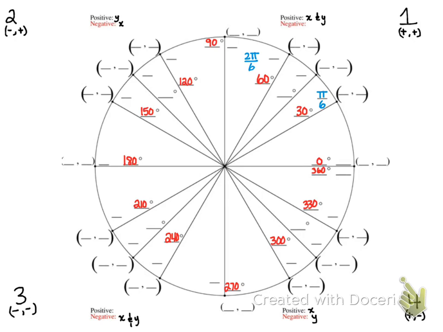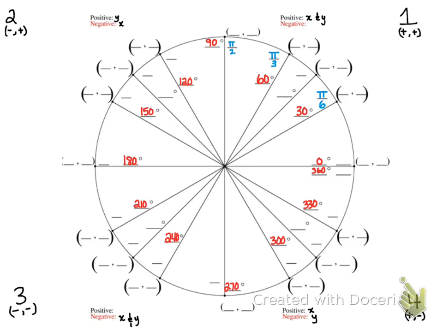Well, 2 pi over 6 reduces to pi over 3. Then, if we add another pi over 6, we actually have 3 pi over 6. And that reduces to pi over 2.